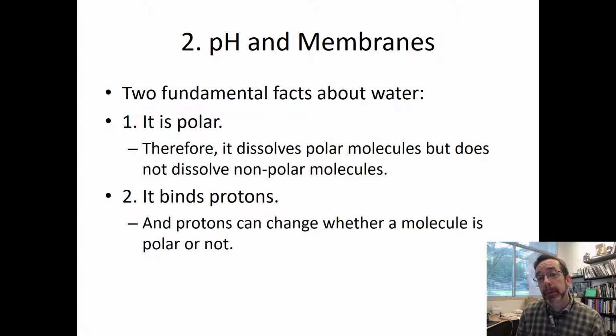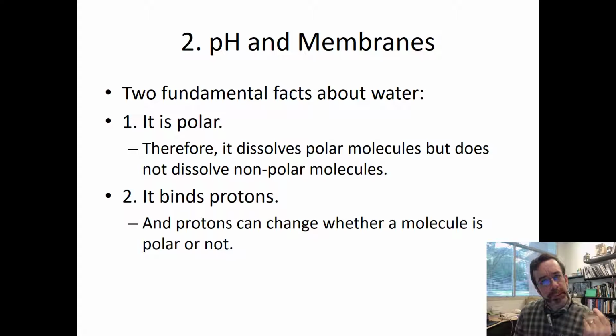Also, because it's polar, and because its structure is made up of hydrogen as well as oxygen, you can have hydrogen interacting with it. And it turns out that it can bind another hydrogen and become H3O plus rather than H2O. So it binds protons, and the protons are little packets of charge.